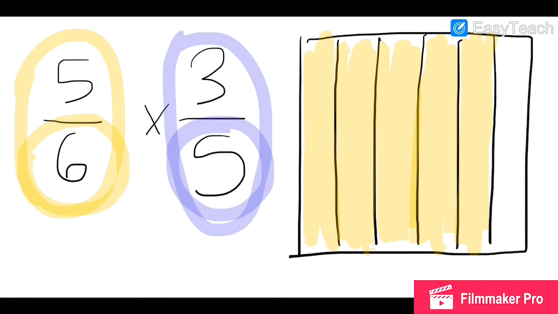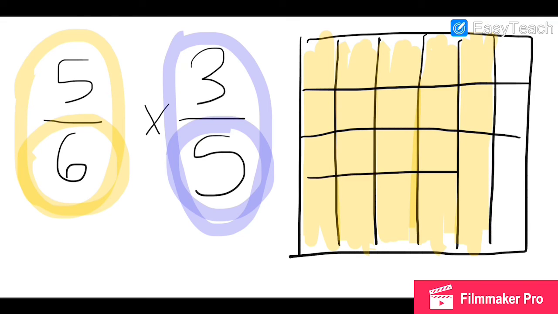I'm going to do this one horizontally. 1, 2, 3, 4, and 5. I can see that I have 3/5, so I know 3 out of 5 of the pieces I just made need to be shaded.